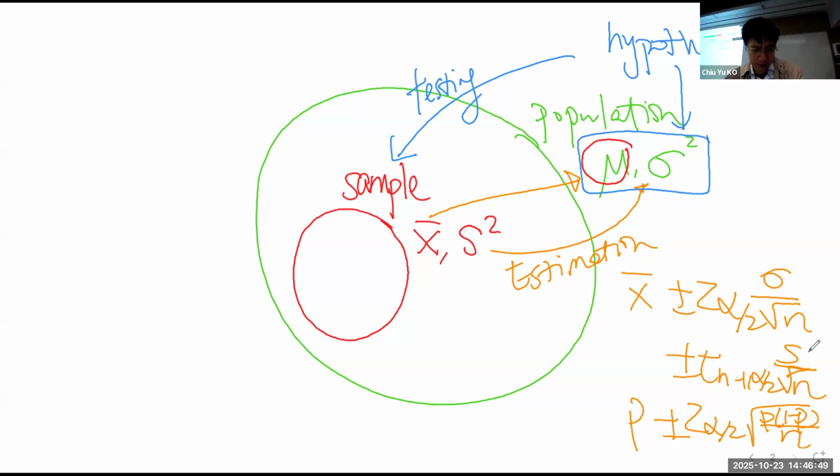For example, if you're the government, you want to check someone's claim that a drink, say a beer, has 5% alcohol. You want to check if it's exactly 5% or not. That would be hypothesis testing.